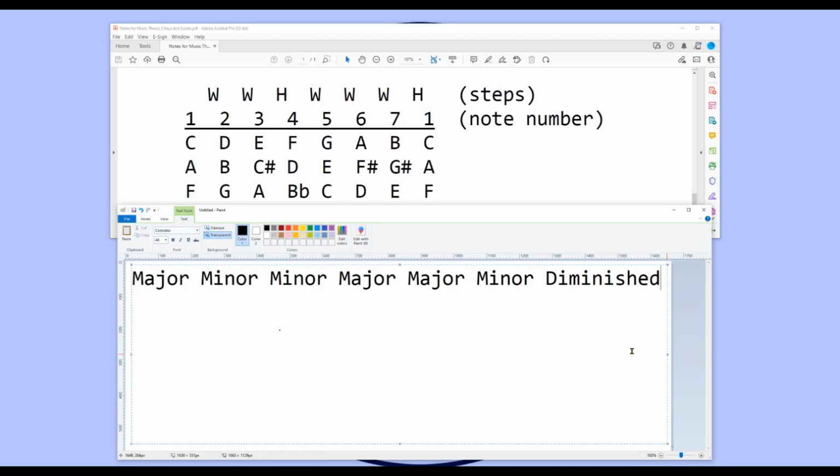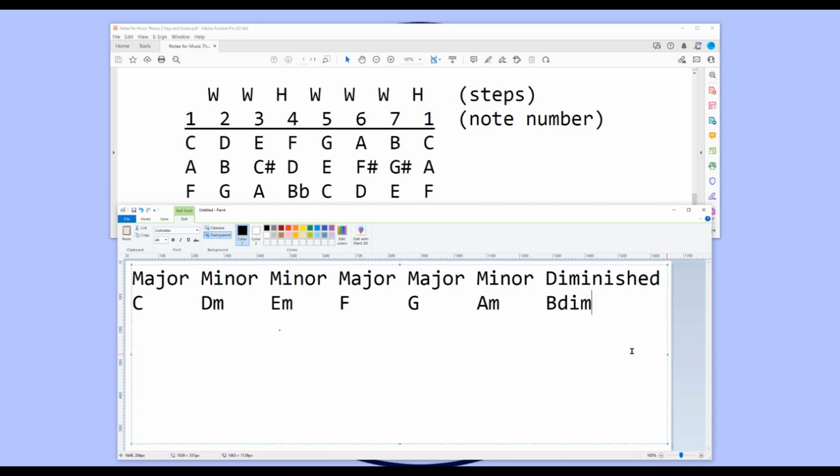So in the key of C: C major, D minor, E minor, F major, G major, A minor, and this would be B diminished. That's the notation. That's all you need to know. Dim means diminished. I'm not even going to tell you what a diminished chord is.